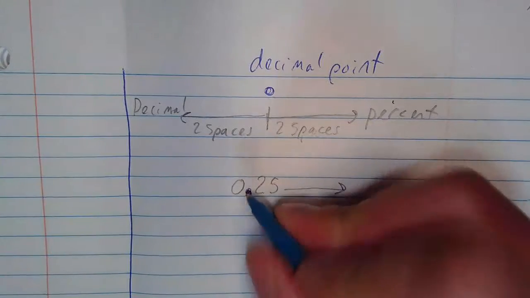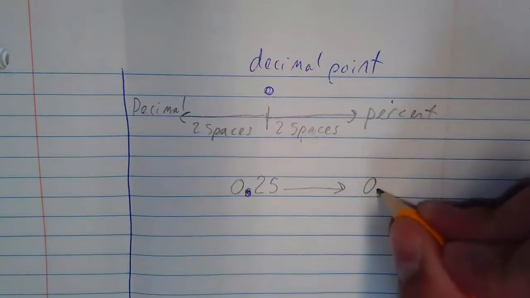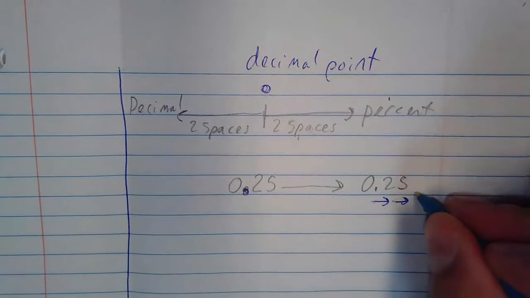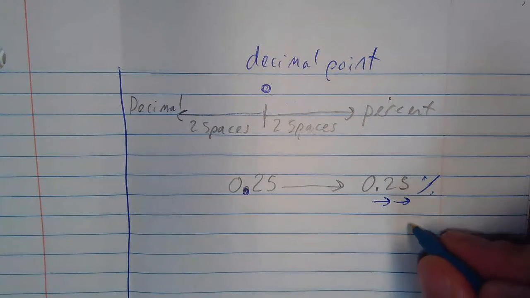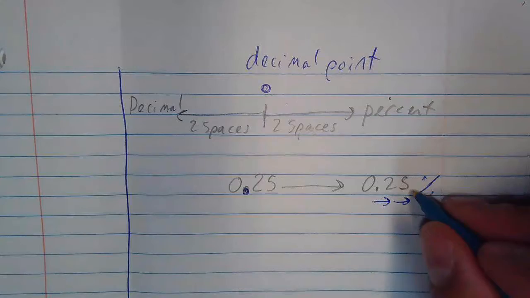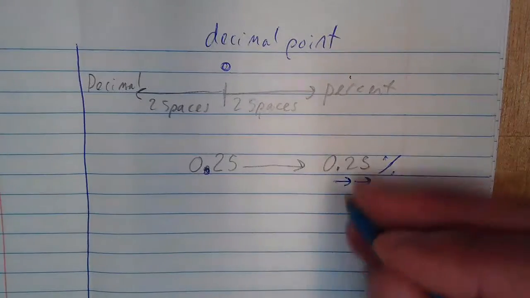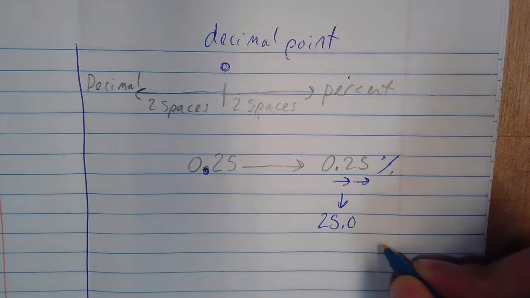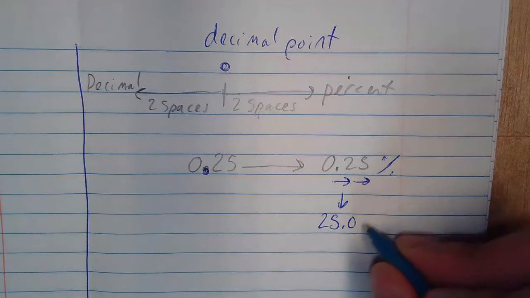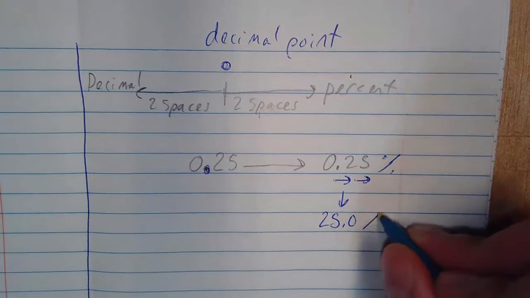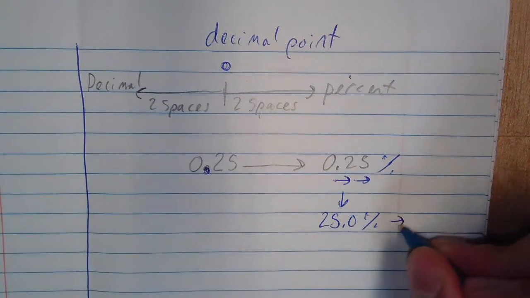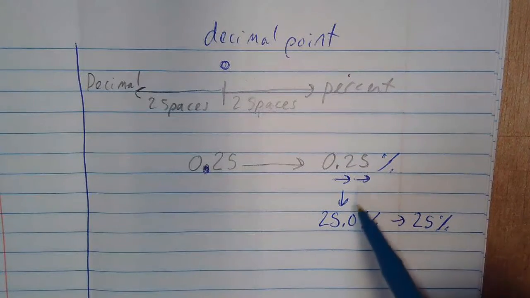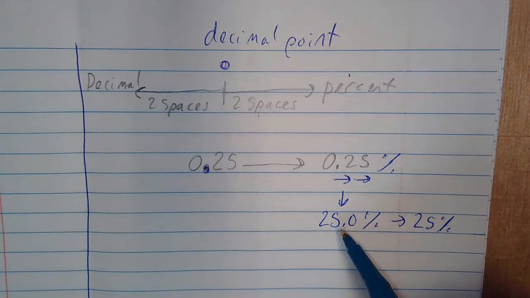So decimal point goes to the right, two spaces. 1, 2. Well, really, I kind of skipped a step because I'm already assuming you get it. But just a reminder, this is really 25.0. Yes? You don't have to add the 0.0, but you definitely have to add the percent, and that really just becomes 25%. I realize this doesn't make sense, but eventually you will get to this point where you don't have to keep adding the 0.0. Okay? 25%.